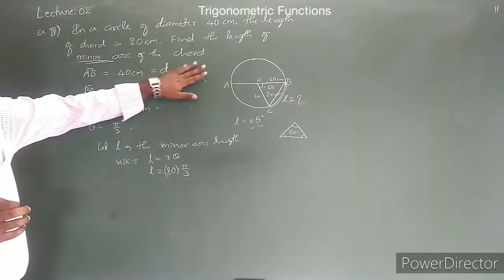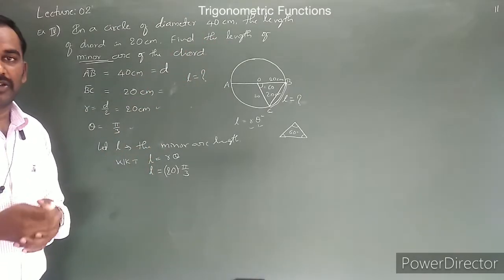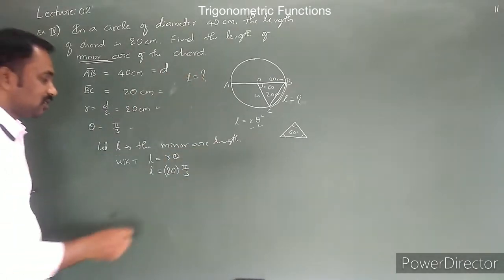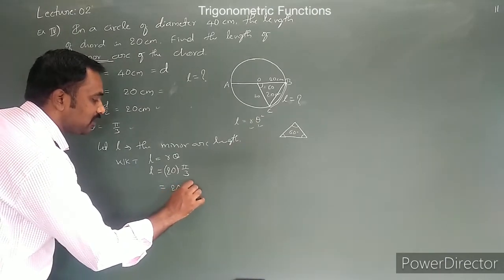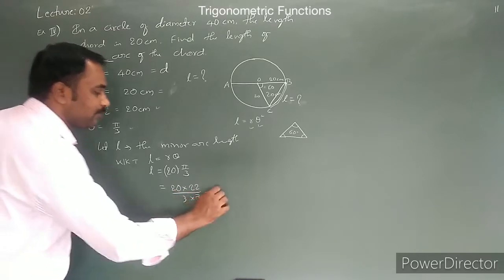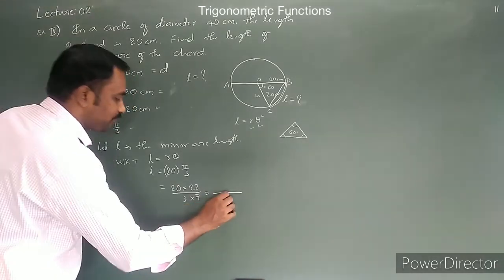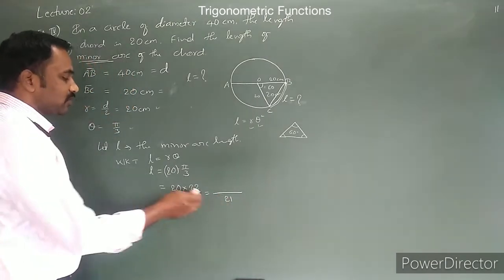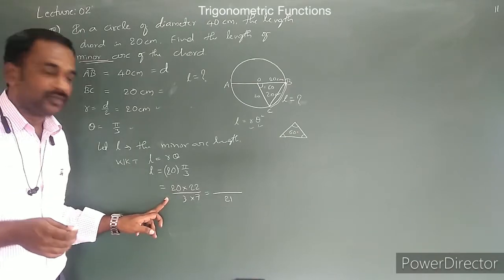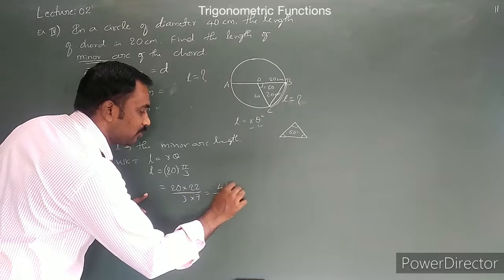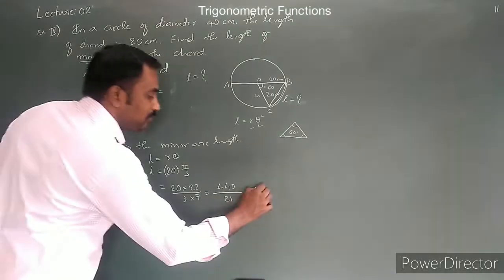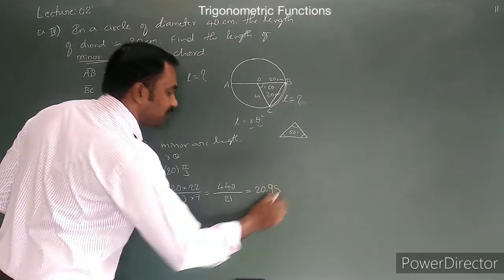In this problem, the pi value is not given. Use pi value as 22 by 7 or 3.141. They have not given it, but we have to use it. You must remember that value. So 20 into 22 by 7 into 3 as it is. 20 into 22 is 440, divided by 3 into 7, which is 21. 440 divided by 21 is 20.95.